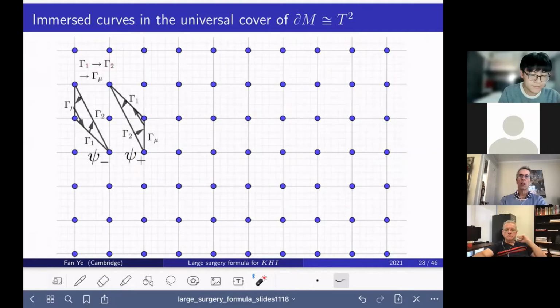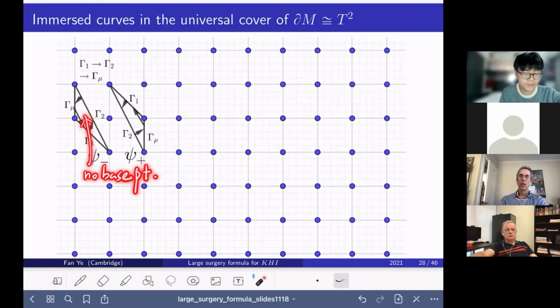Remember that gamma 1 corresponds to a line of slope -1, gamma 2 corresponds to a line of slope -2, and gamma mu corresponds to a line of slope infinity. We can find that these three lines or three arcs form a real triangle in the universal cover of the boundary. And moreover, there are no base points in the interior of the triangle.